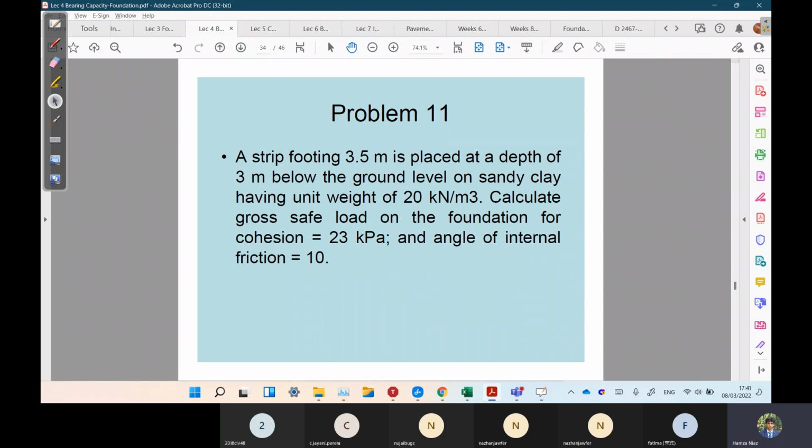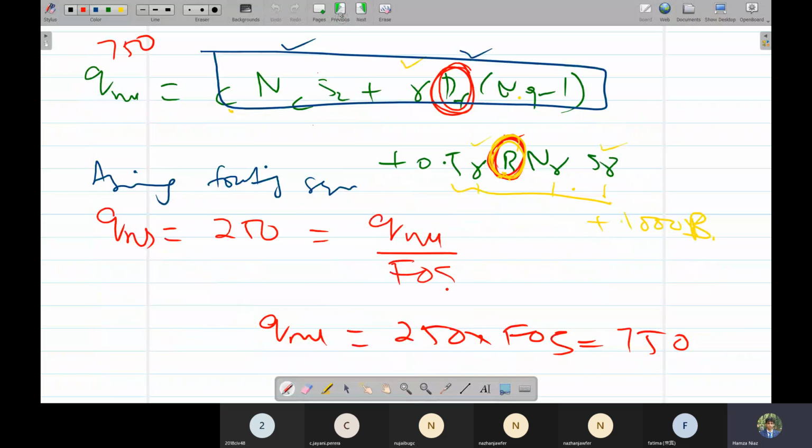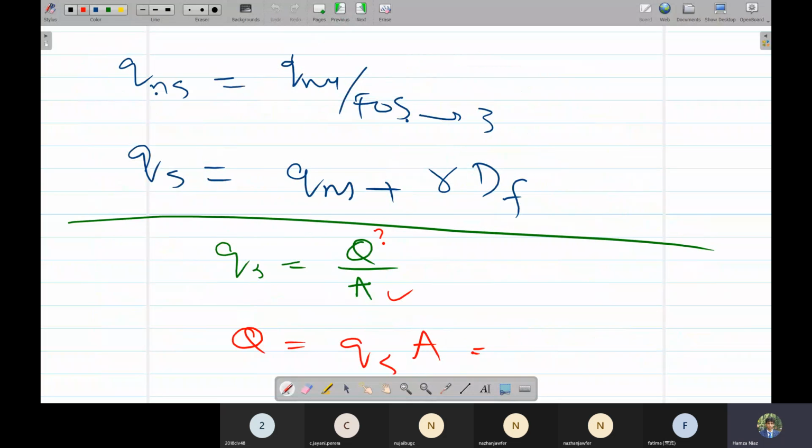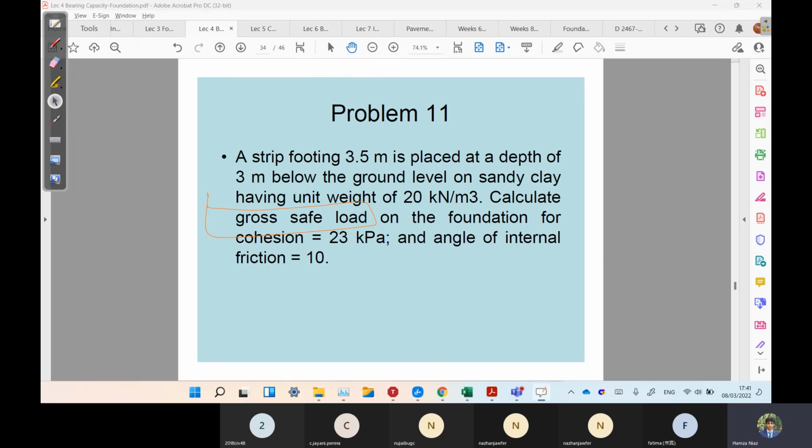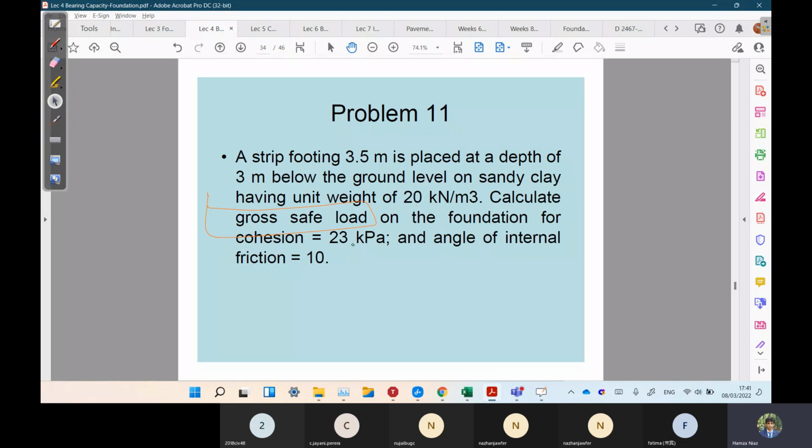In this question we have to calculate the gross safe load. So again, the same as this one, we have to calculate Q, and for strip footing we can use factor 1, and depth of footing DF is given, gamma is given, c is given, phi is given, phi is 10. Simply we can calculate.